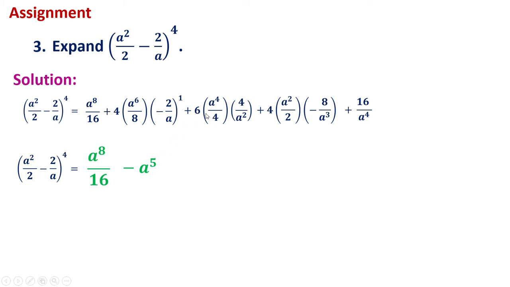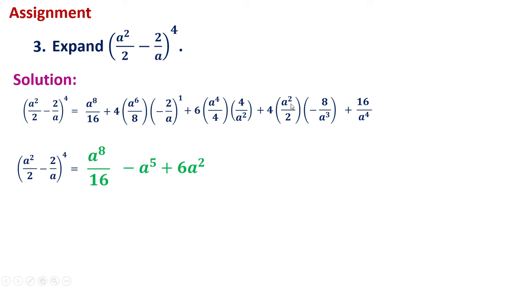And then, 4, cancel yon. So, 6 a squared, kasi 4 minus 2 is 2. Yan. And then, next, negative. Yan. 4 times 8 is 32. Divide 2 is 16.